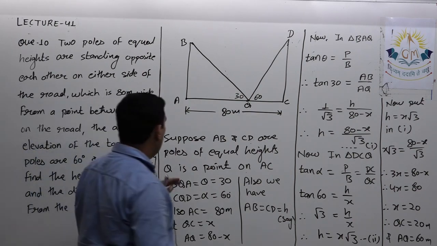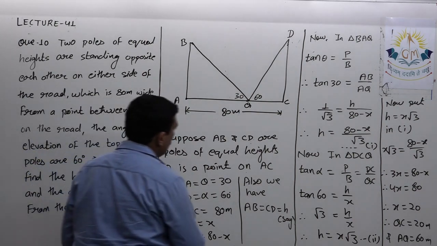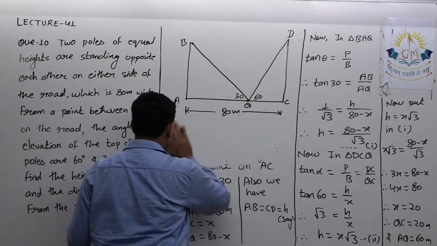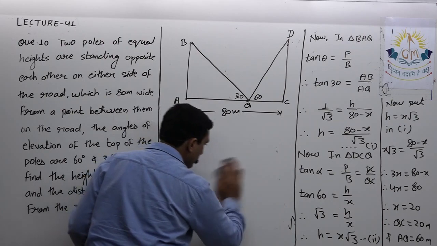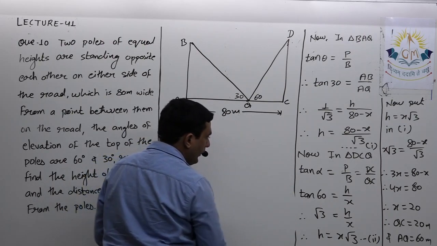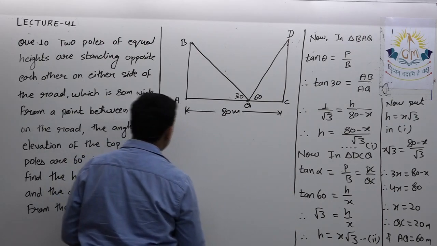Okay, so now for giving the solution over here, it is almost done. Simply I have to put X equal to 20 into equation number 2.